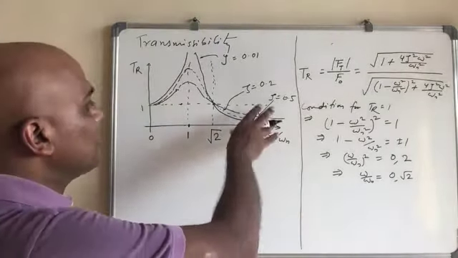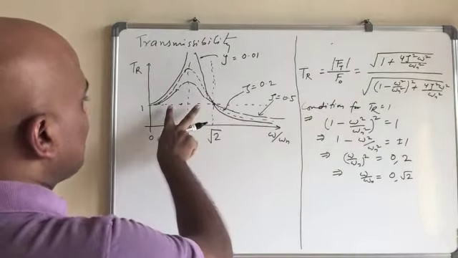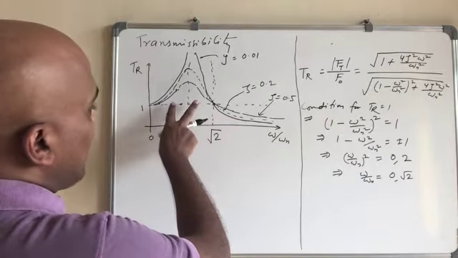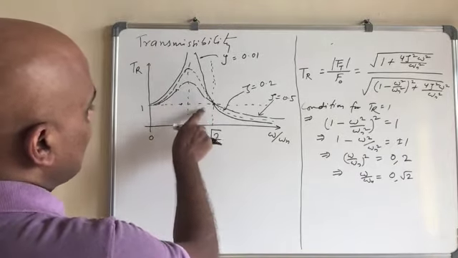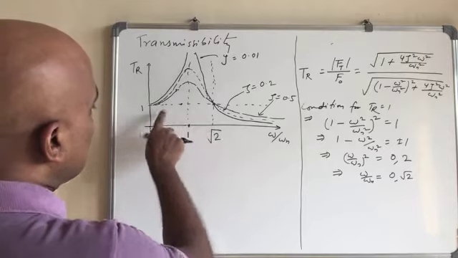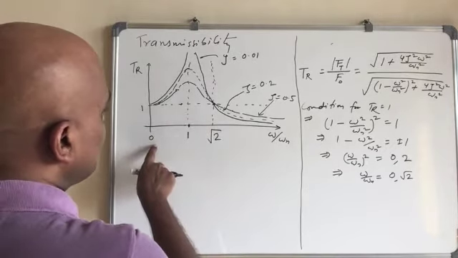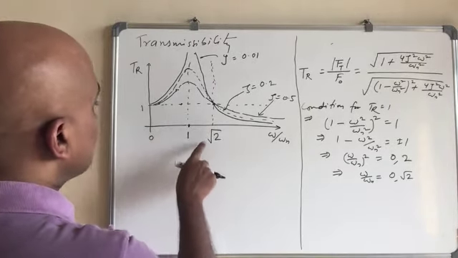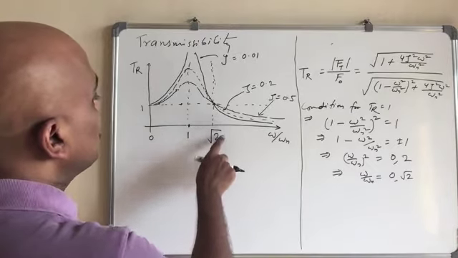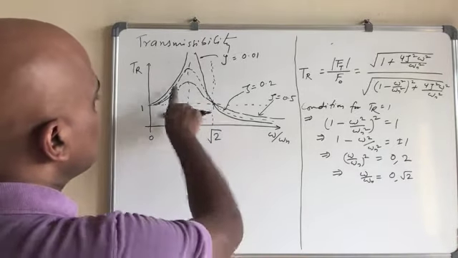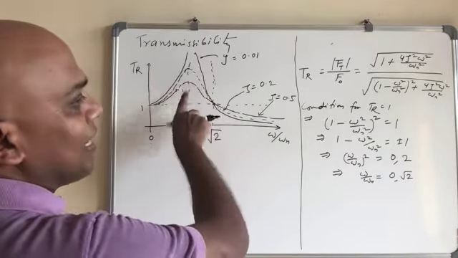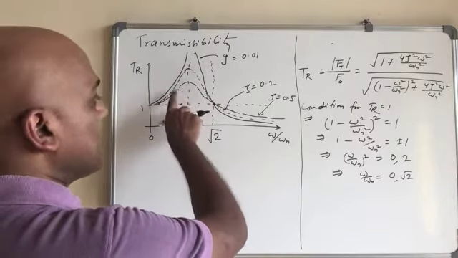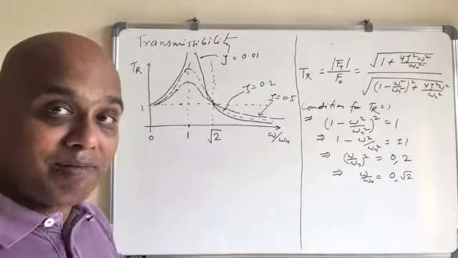Right? So this is what it shows. Here, zeta gives you a lot of advantage when you are operating between omega equal to 0 and omega equal to root 2 of omega n. Then having a damper is going to be of a lot of advantage.